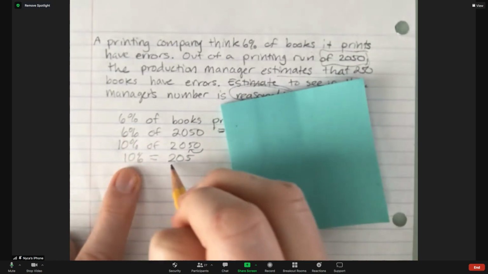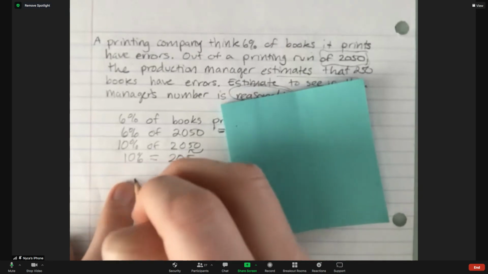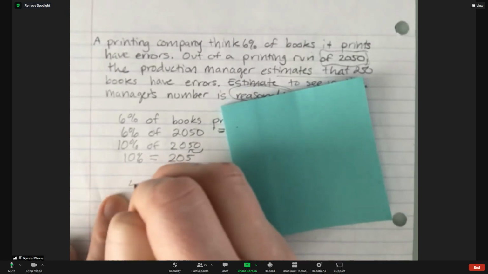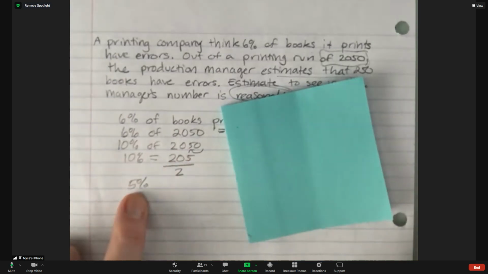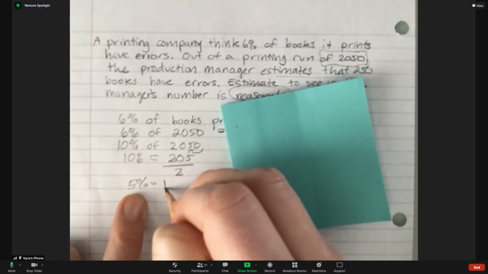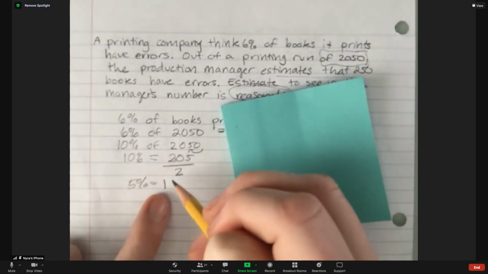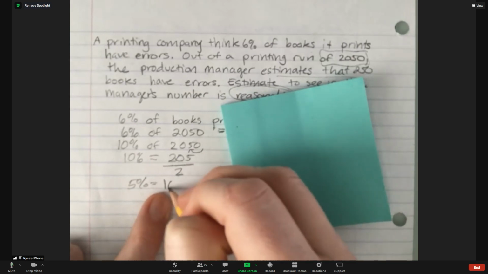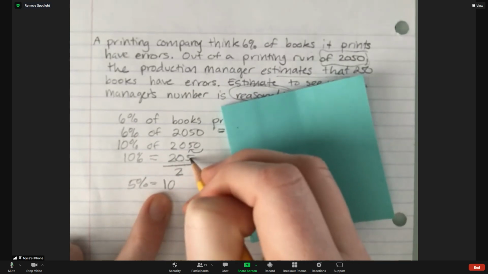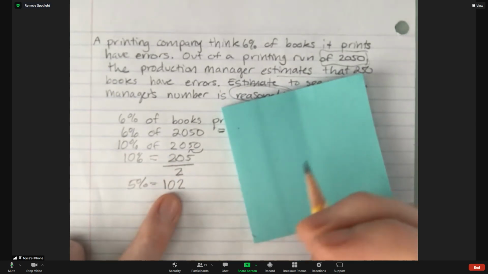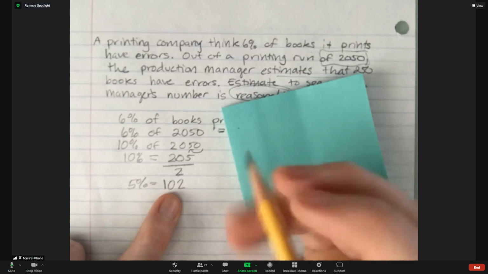So if we were to cut this in half, that means that we're going to divide this by 2 because we want to get it to 5%. So 2 goes into 2 one whole time, and then 2 cannot go into the 0, and 2 goes into 5 about 2 whole times. So your estimate should be close to 102 books.